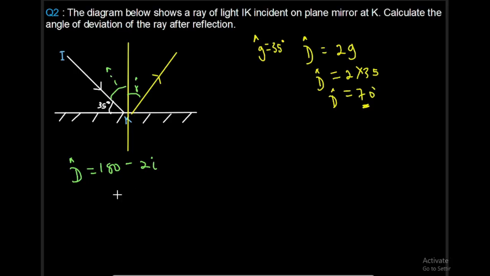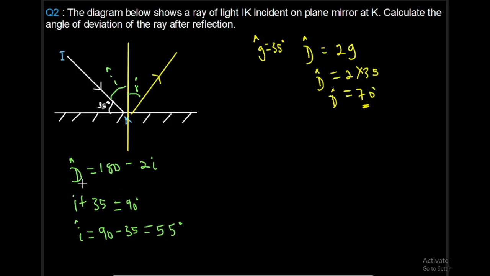So it simply means I plus 35, that's this plus this, is equal to 90 degrees. So the angle of incidence will be 90 minus 35, which is equal to 55 degrees. This is our angle of incidence, 55 degrees.